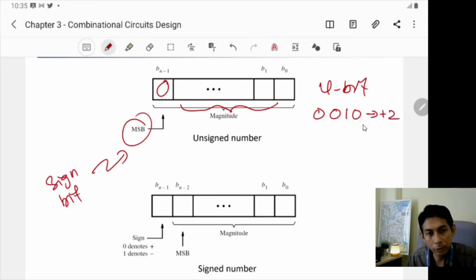What if we want to represent negative 2? In this case, we just have the sign bit equal to 1 and the magnitude equal to 2. So this can be used to represent -2, right? Okay, but this representation is not very useful because you cannot use it in hardware subtraction.